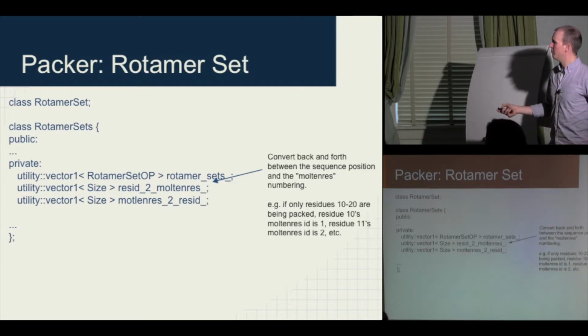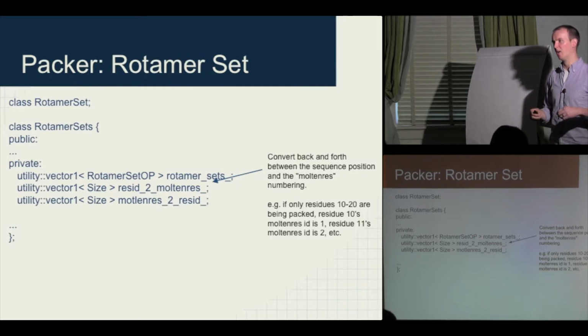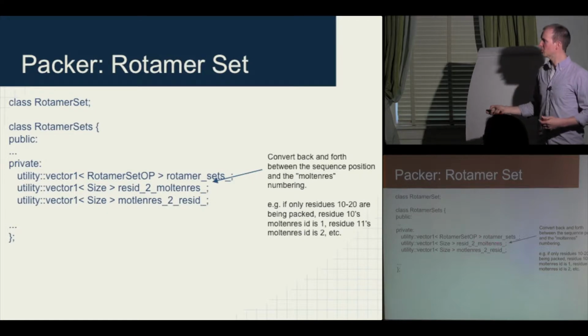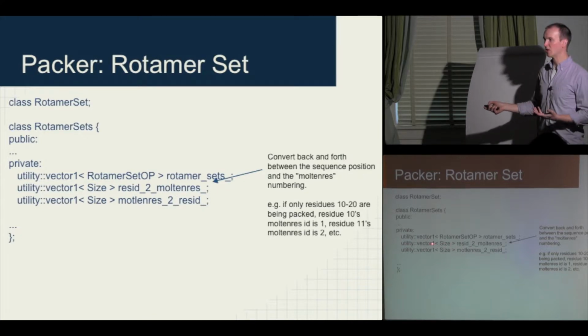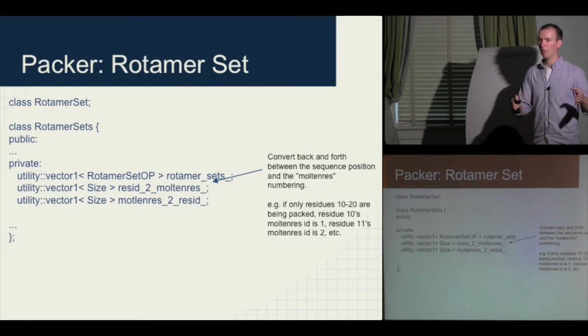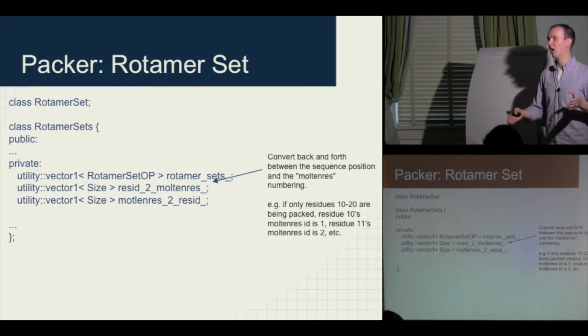Okay, so we call the residue positions where we're allowed to redesign the molten residues, and there are some mappings back and forth between, say, this size would be of total residue. You could ask, so I know the residue position 10, what molten residue is that? And that would be molten residue 1, for instance, if you weren't packing residues 1 through 9.